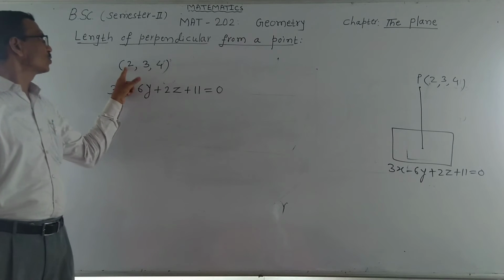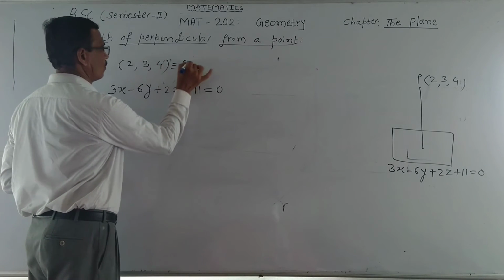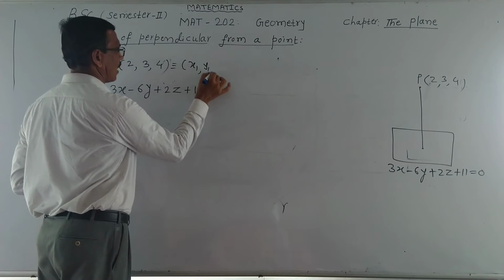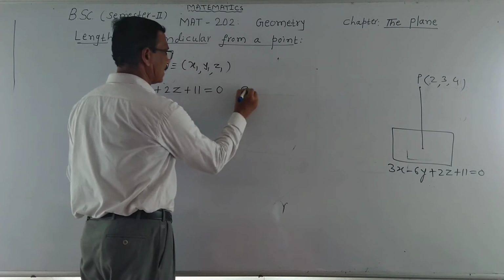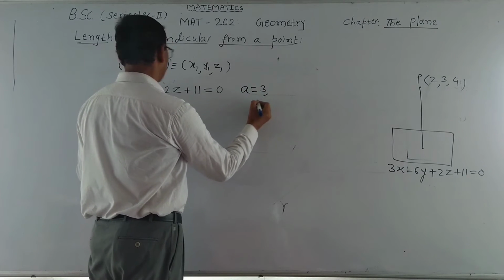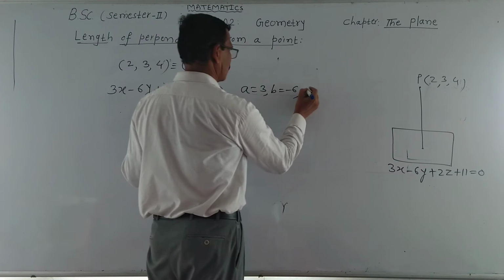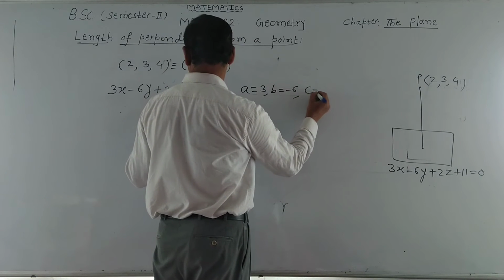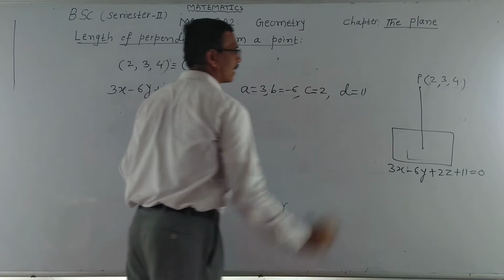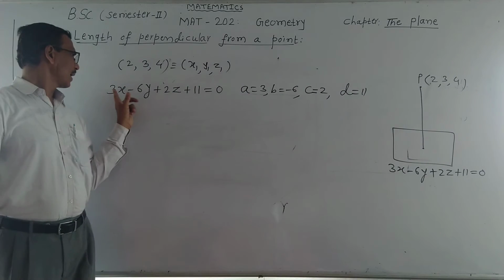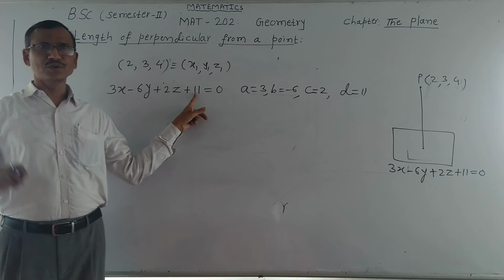The point is 2, 3, 4, which is equivalent to x1, y1, z1, and A is 3, B is minus 6, C is 2, and D is 11, because the general equation is Ax plus By plus Cz plus D equal to 0.